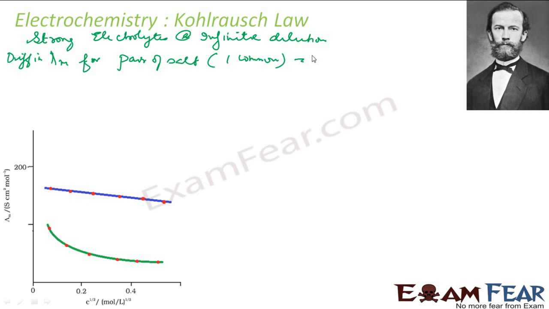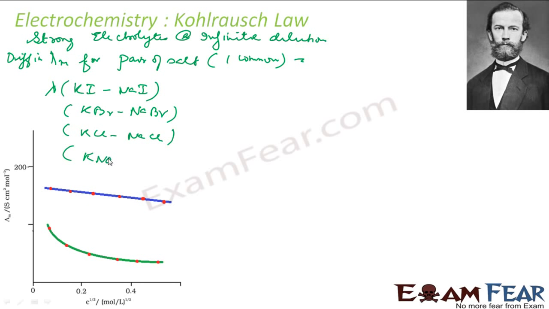For example, he took the KI and NaI pair and found the difference. He took the KBr and NaBr pair, he found a difference. He took the KCl and NaCl pair, he found a difference.